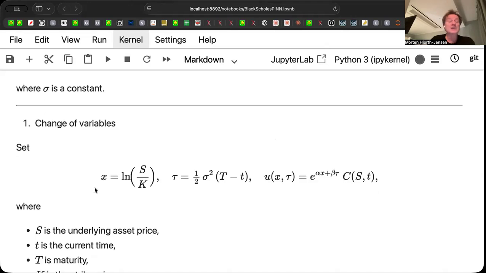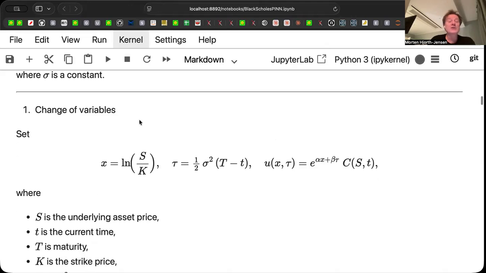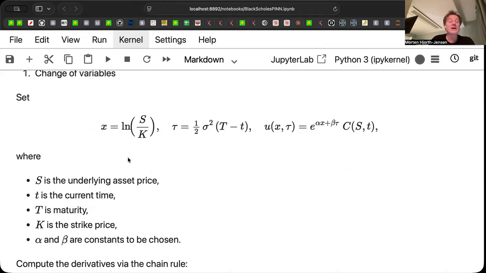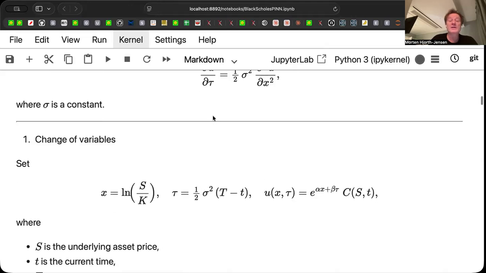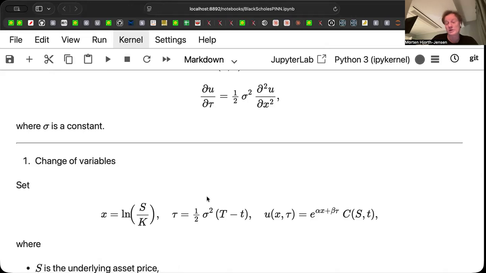So the x's are now defined in terms of the ln of S divided by K, where S is this underlying asset price, and K is the so-called strike price. I mean, the definitions of these quantities are given in the text here. And the tau is then defined in terms of, this introduces a new time here, which is defined here, as you can see.